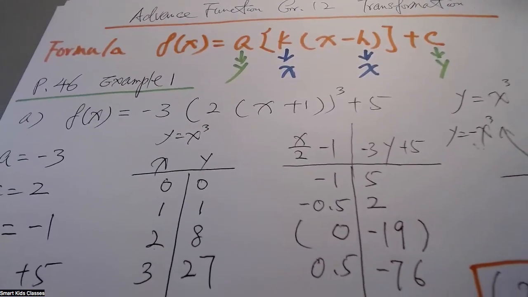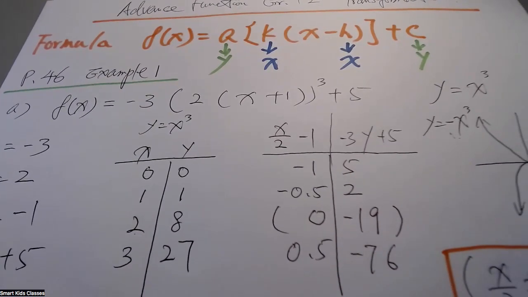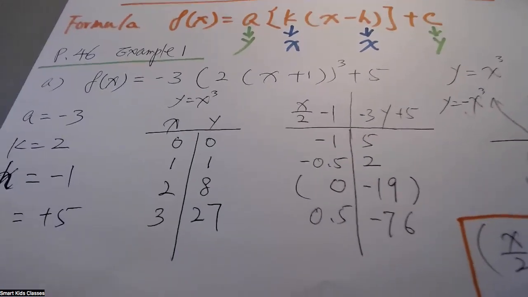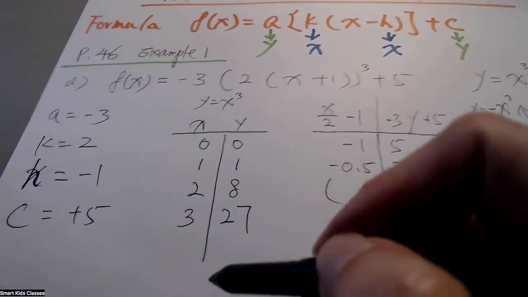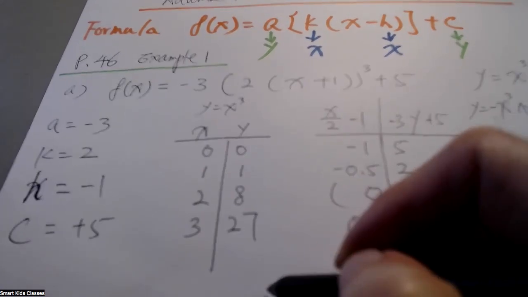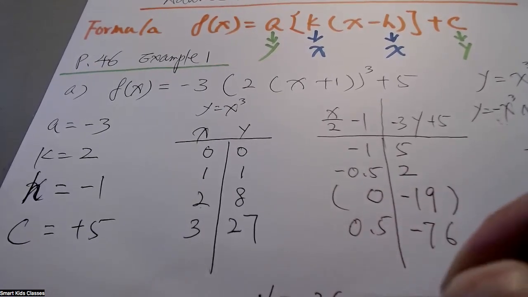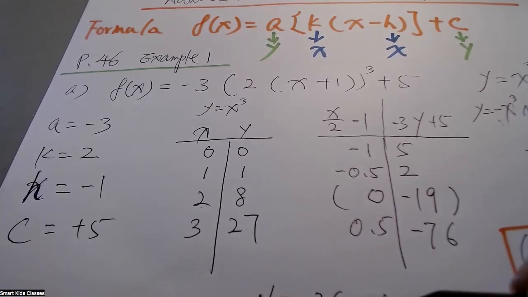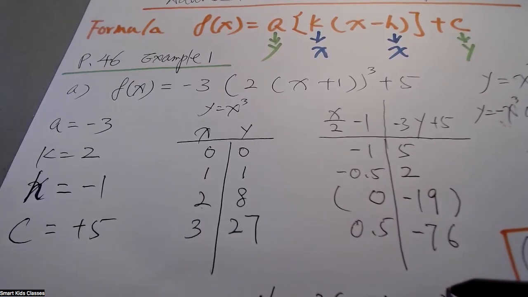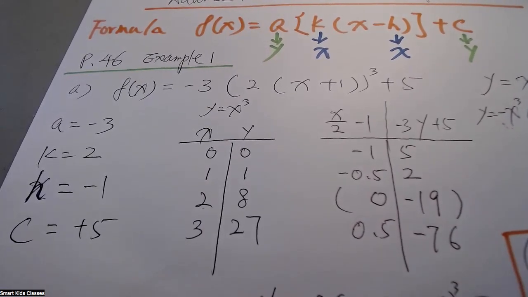So we are going to apply these points to plot the graph. And one more point is the y-intercept when x equals 0. So you can apply the formula. y equals -3 times 2 times 0 plus 1, exponent 3, plus 5.